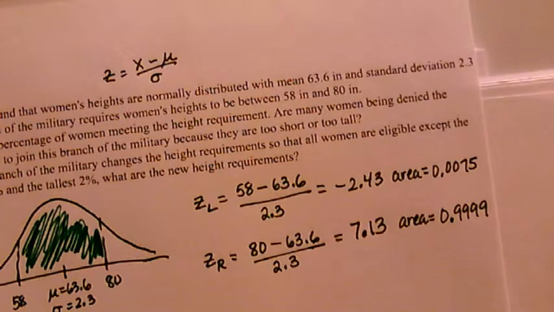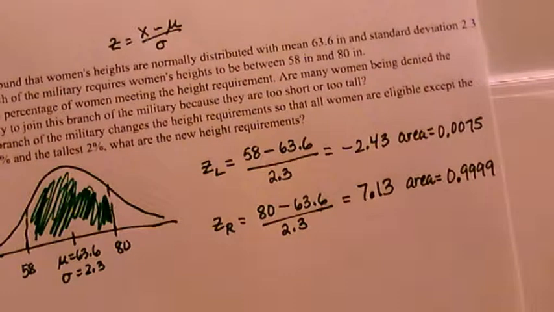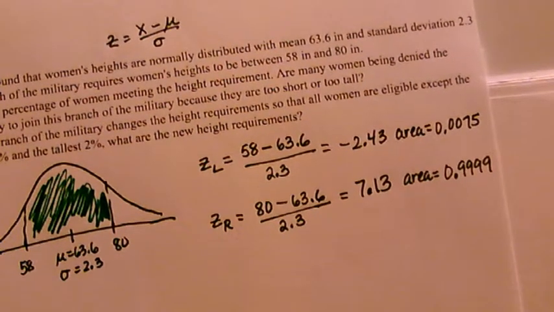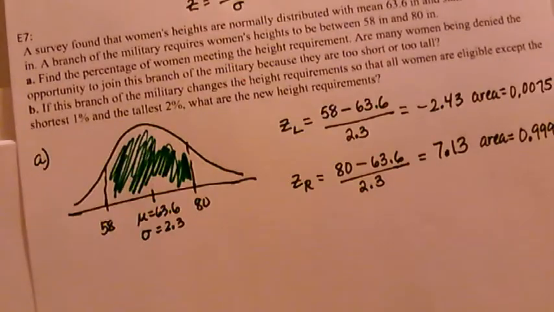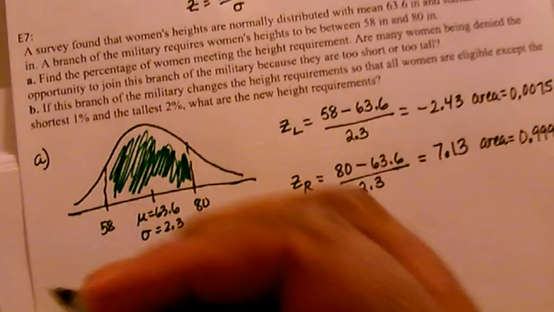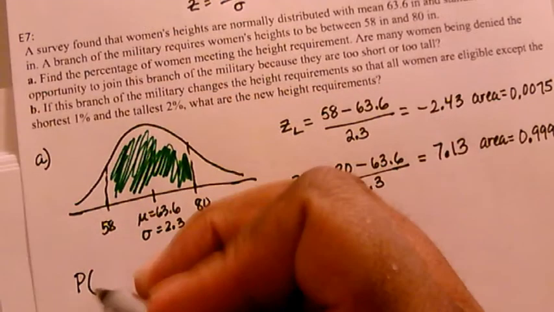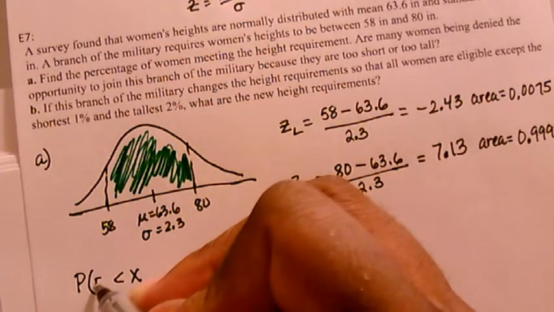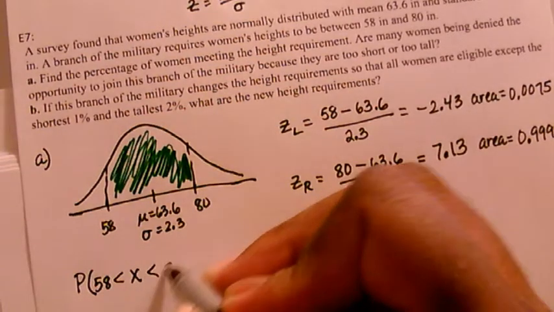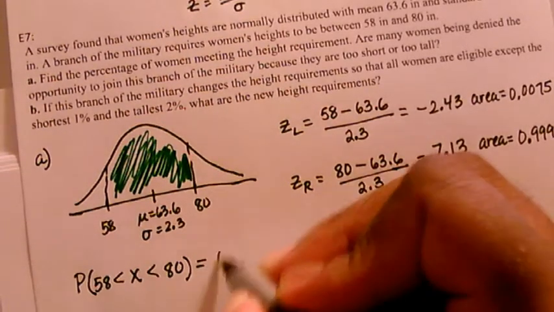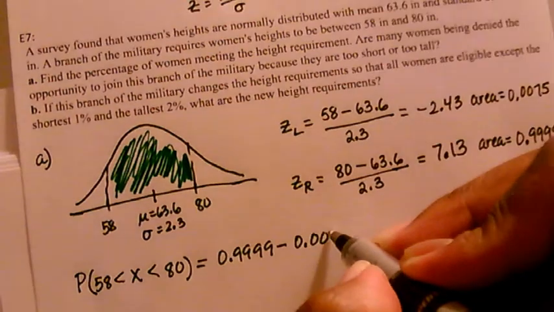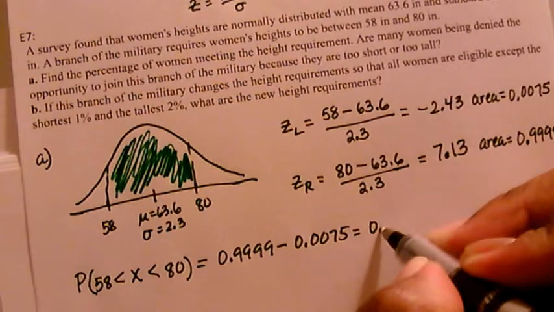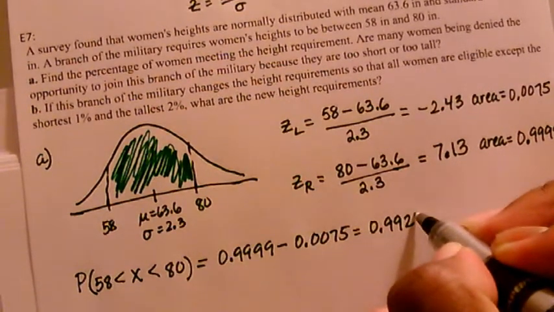Okay, so now we have our areas. We can go ahead and find the probabilities. So in this case here, that probability that your x value is between 58 and 80 would be just subtract 0.9999 minus 0.0075, and you're going to get 0.9924.